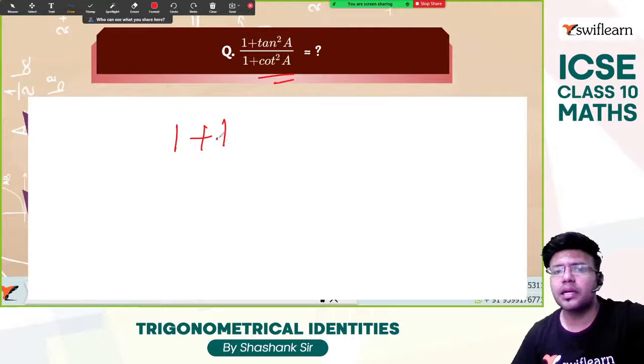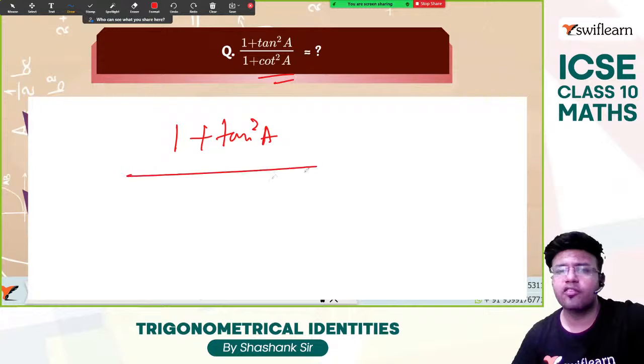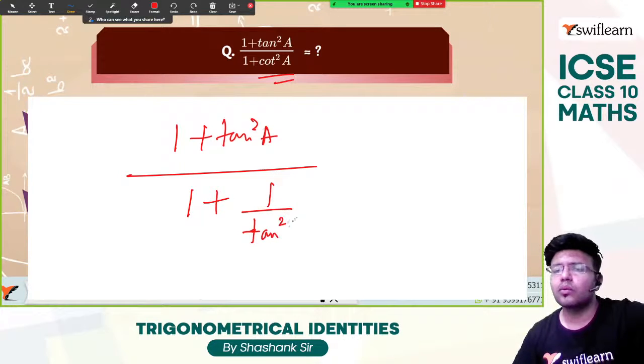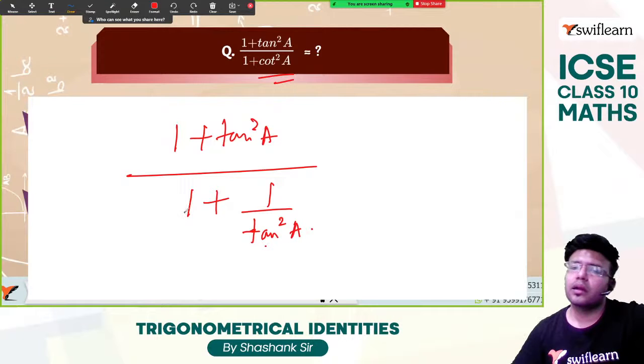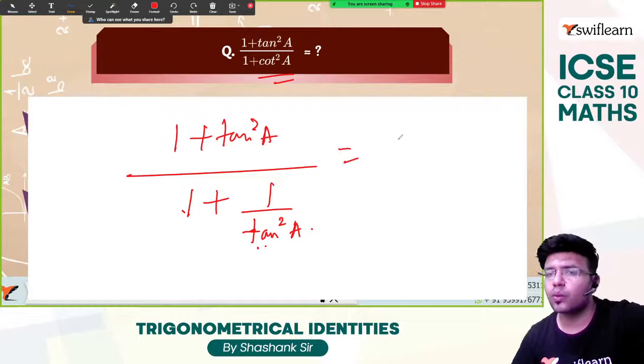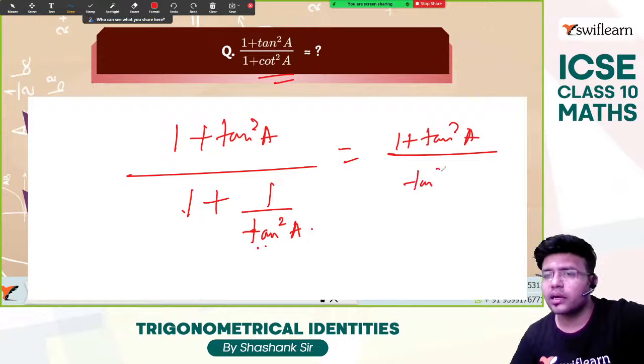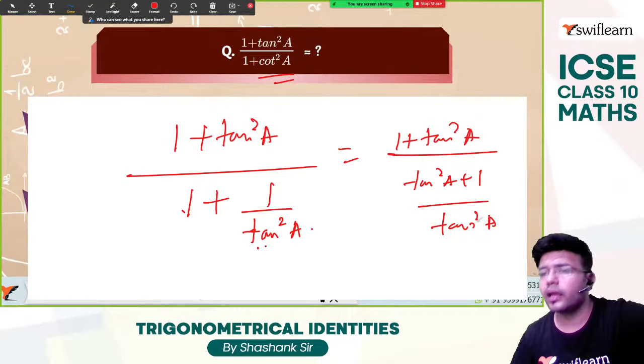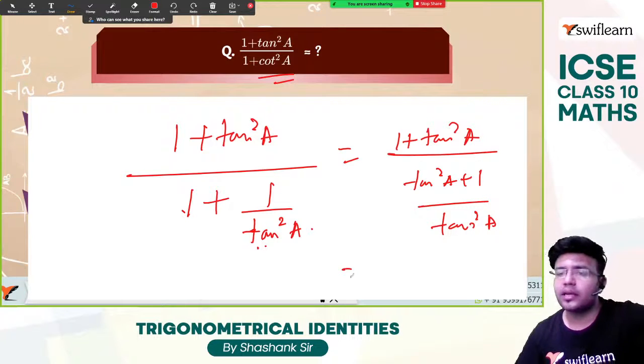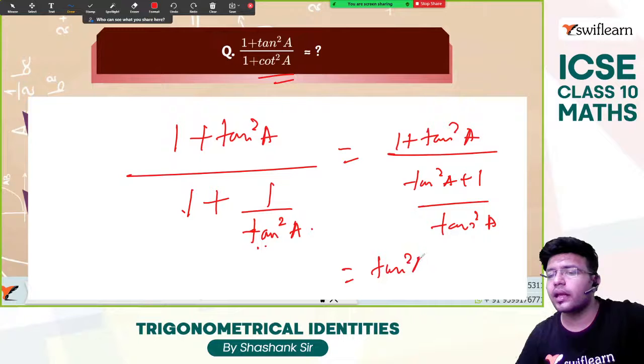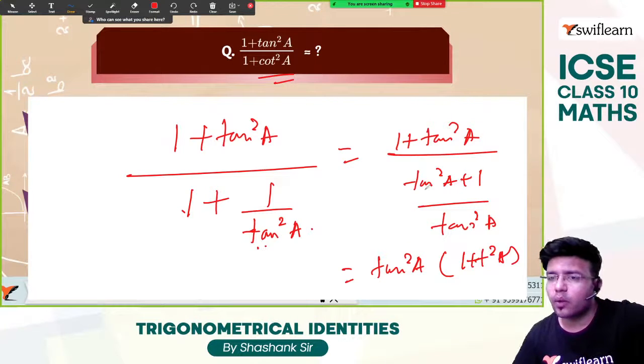Okay, 1 plus tan square A divided by 1 plus cot square A. Cot square I will write as 1 by tan square A. Now take the LCM, you will get 1 plus tan square A divided by tan square A plus 1 by tan square A. Now rewrite this again, you will have tan square A into 1 plus tan square A divided by tan square A plus 1.